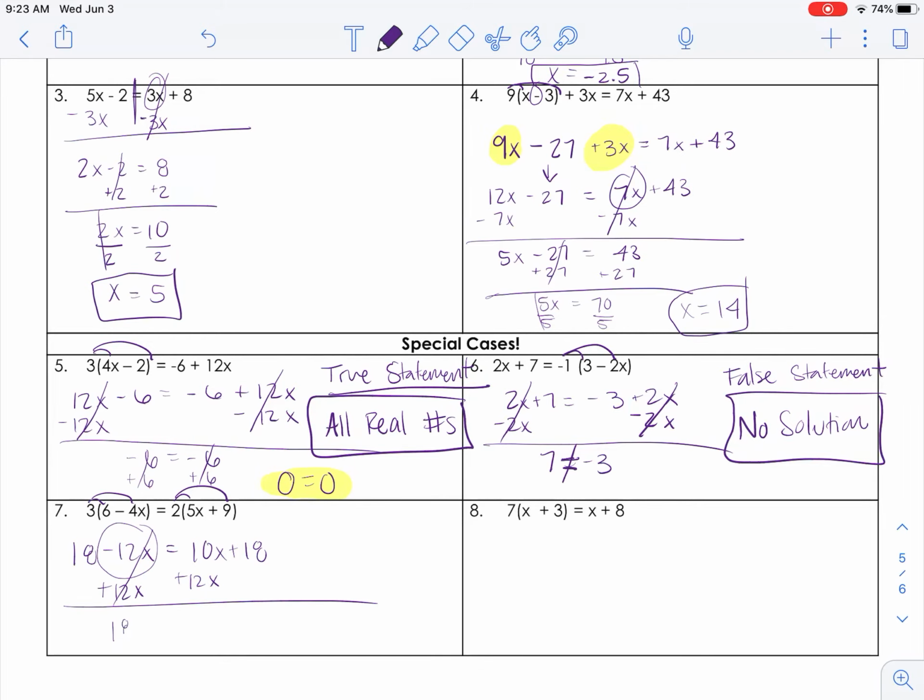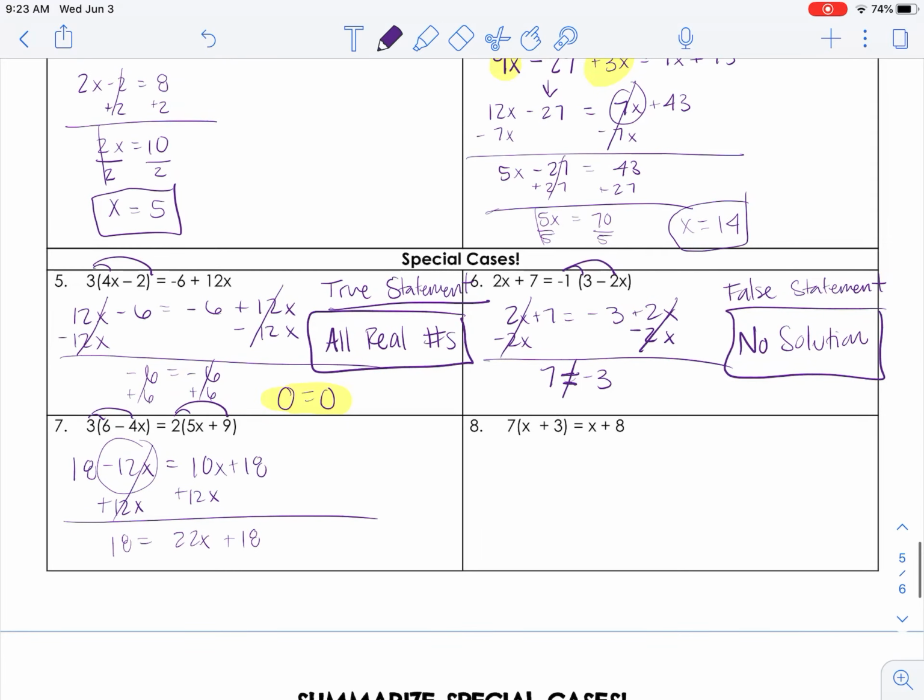So that goes away and I get 18 equals 22x plus 18. Then we've got to get our x by itself, so we're going to undo that addition. That goes away, so we end up with 0 equals 22x. Well, I still have to divide by 22. 0 divided by 22 is 0, so x is going to equal 0.